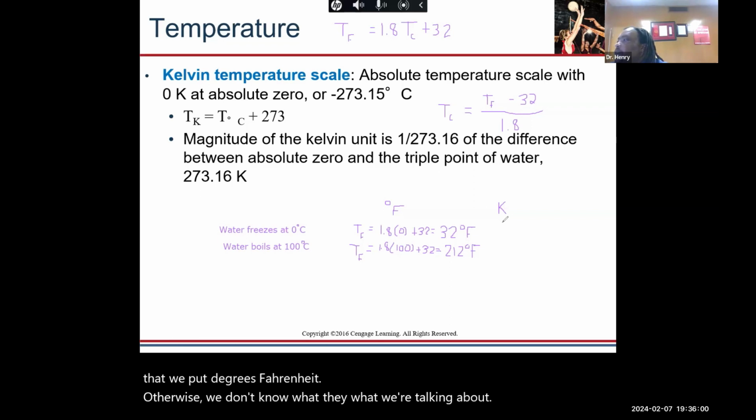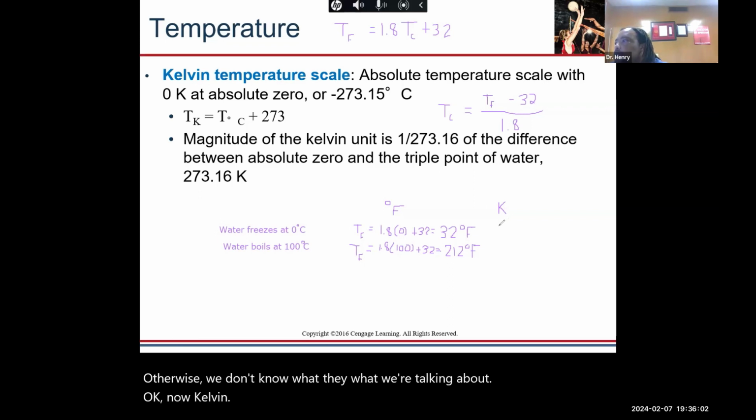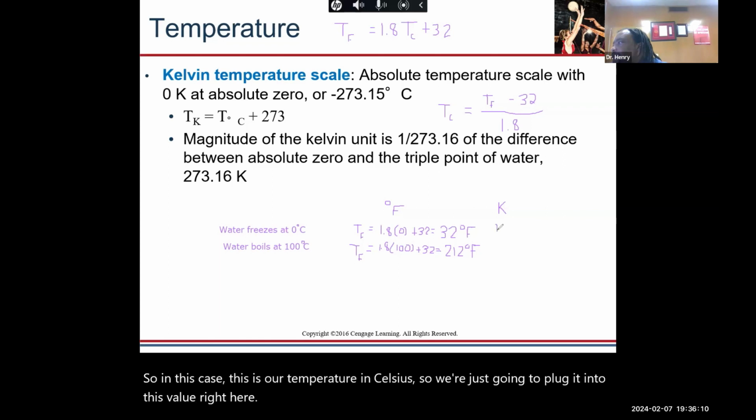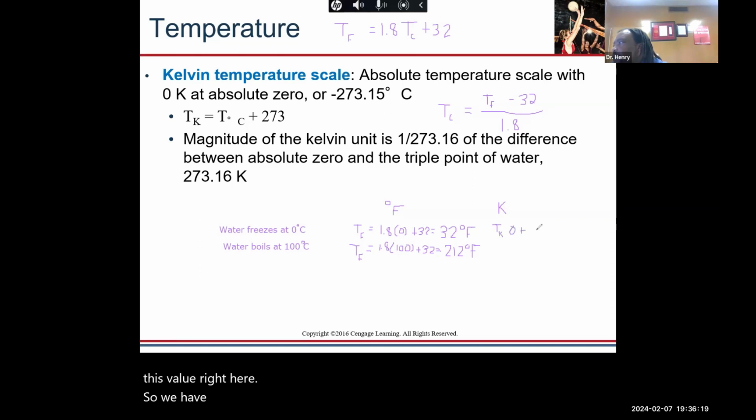Okay, now Kelvin. In this case, this is our temperature in Celsius, so we're just going to plug it into this value right here. So we have 0 plus 273. They dropped the 0.15. It's normally there. A lot of times you'll have it included.